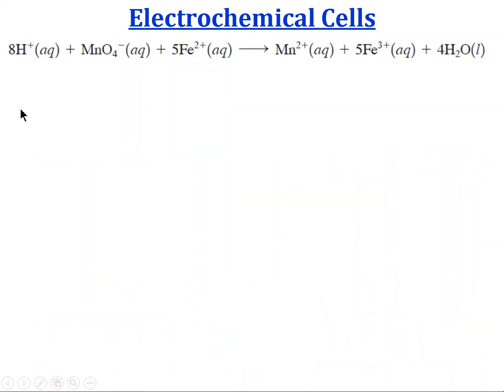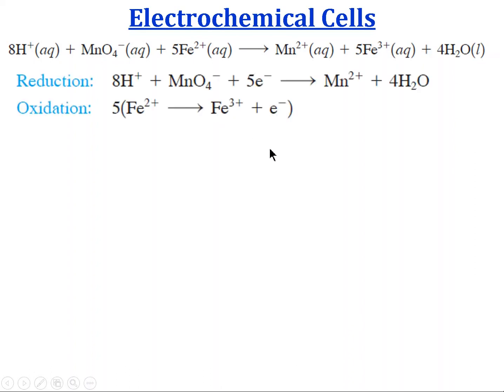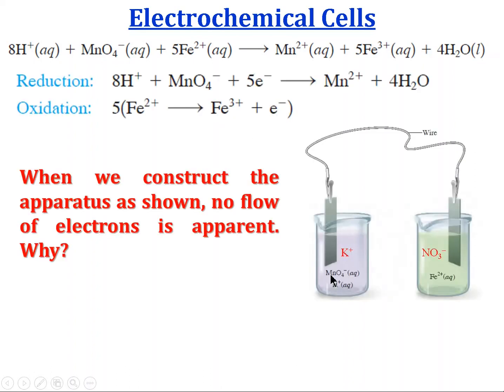If we pass to the construction of the electrochemical cell from this reaction, we have to separate the two couples into two different beakers. In the first, we put MnO4 minus, Mn2 plus, and in the second, we have Fe3 plus, Fe2 plus.